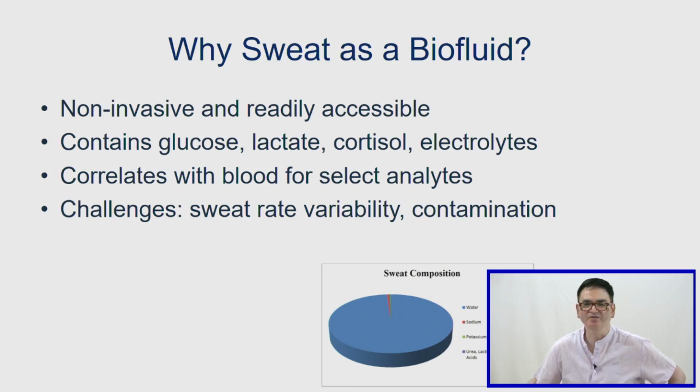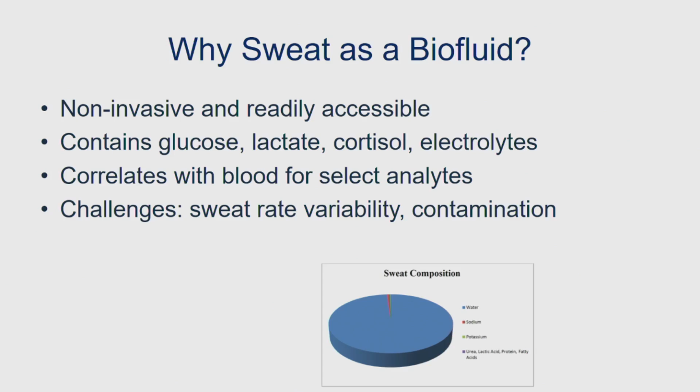Okay, first of all, let's do a quick recap as to why sweat is an important biofluid. What are the advantages of sweat as a biofluid? Well, the first most important thing is it's non-invasive, right? You don't need any sampling device to collect sweat, in the sense that you sweat naturally, right?